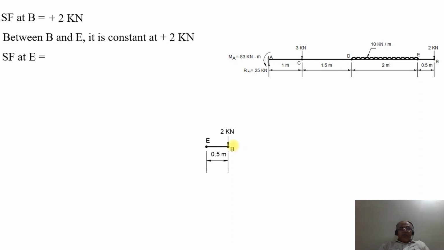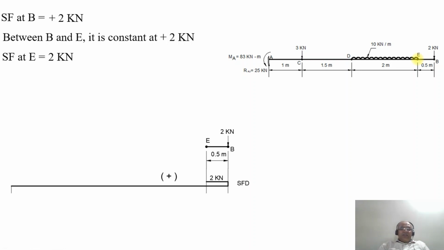The shear force at the point E will again be 2 kilonewton, because there is no other load acting at the point E. So on simplification, SF at the point B is 2 kilonewton, between B and E it is 2 kilonewton, and SF at the point E also, as there is no load, will be plus 2 kilonewton.